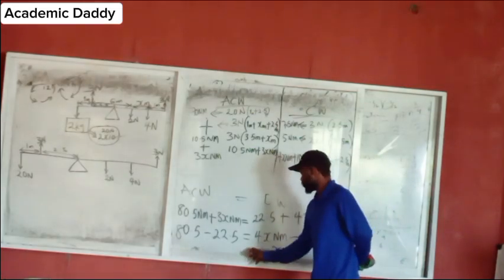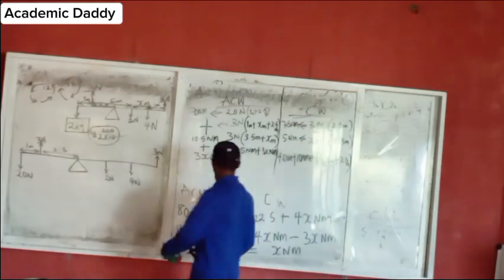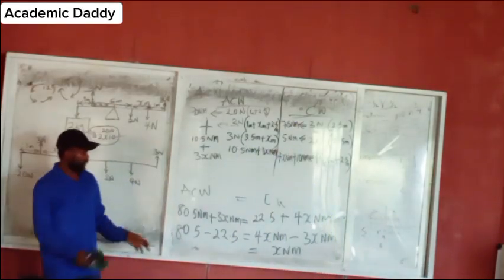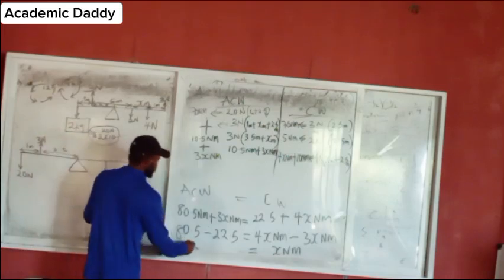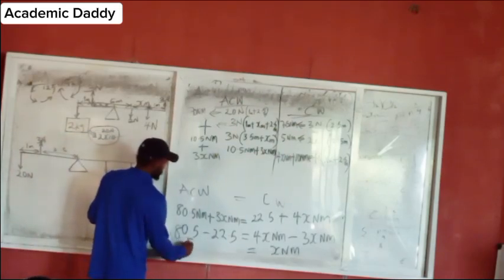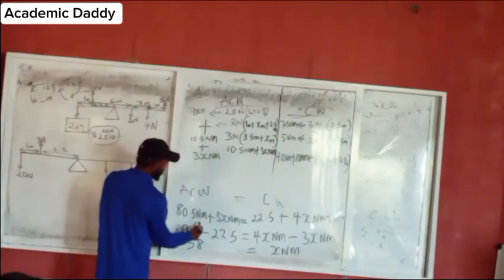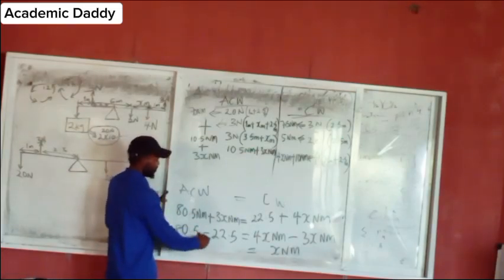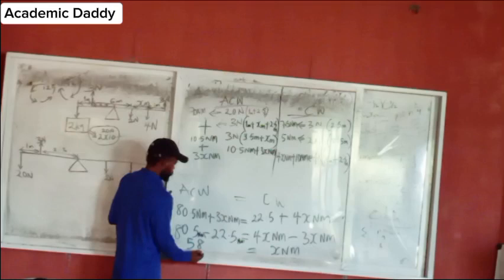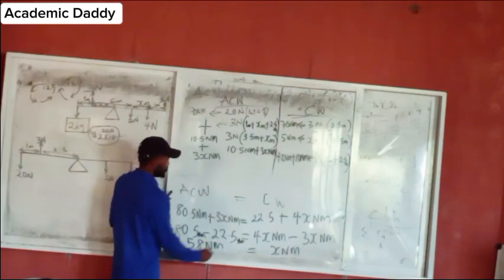So those of you who normally get confused when reading all those solutions: 80.5 minus 22.5 is 58. This is in Newton meter, and this is in Newton, so 58 Newton meter.